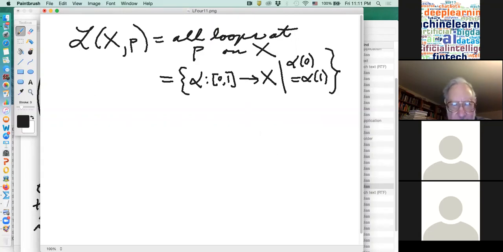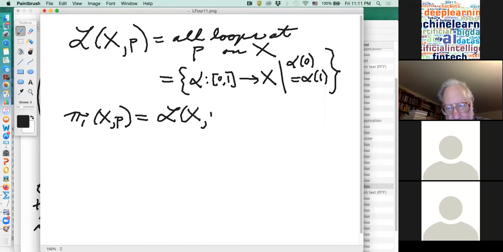And then I define pi 1 of X at P to be equal to L of X at P mod twiddle, where twiddle is the equivalence relation homotopy of loops.